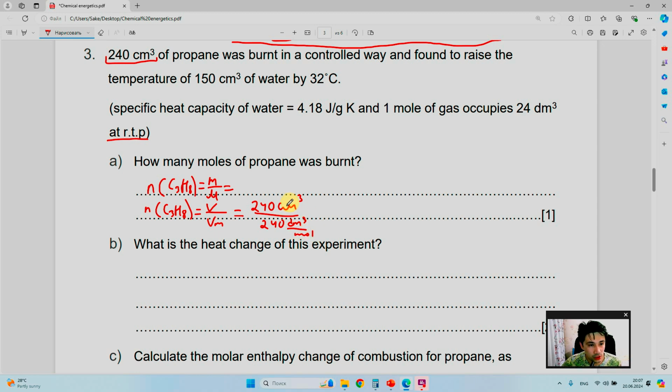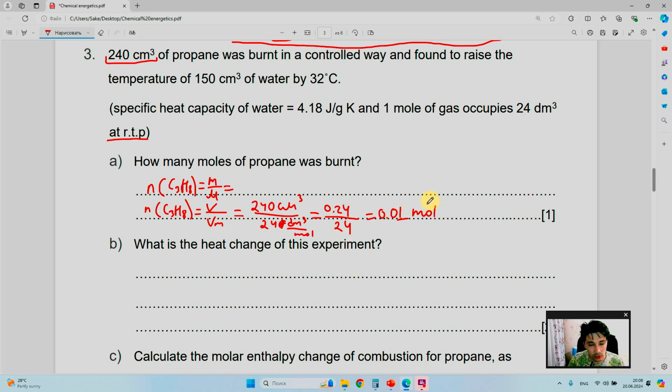As you see, we have different units, so we cannot simply divide them. These must be turned into decimeters cubed, just dividing by 1000, so it's going to be 0.24 divided by 24.